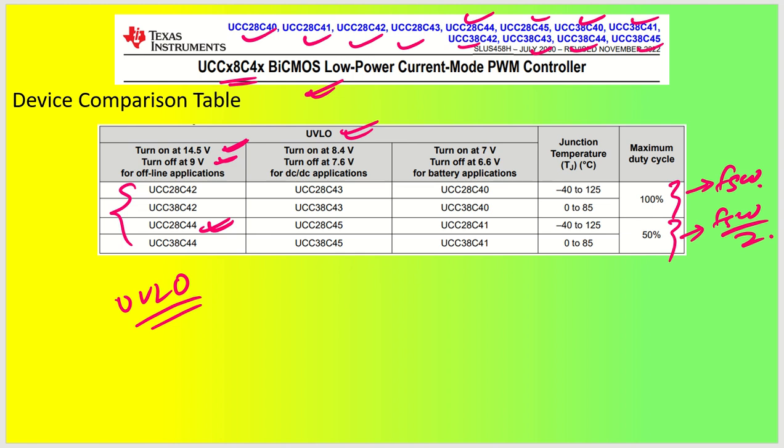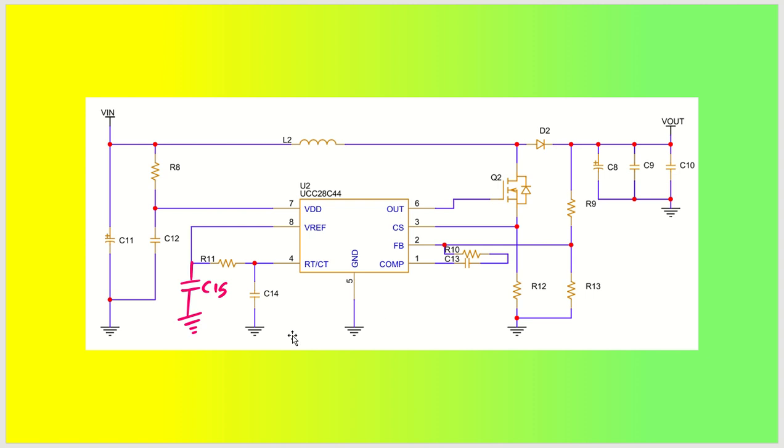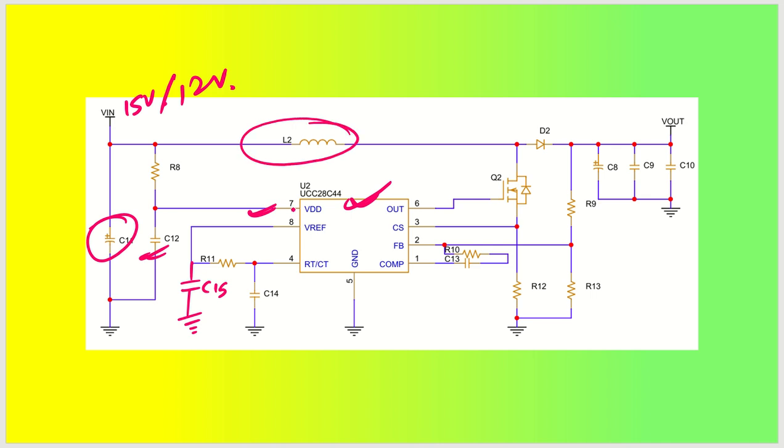Let's see a very simple circuit that we can look into and start with. Basically, you have the UCC device, so you will be required to give a voltage here. Let's say 15 volt, or let's say 12 volt. This goes to power up the device through the VDD pin. This is my bulk capacitor, which works as a smoothing capacitor, and this is the inductor that you will be taking up.